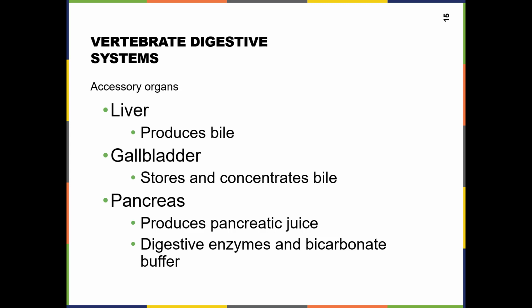Liver produces bile. The gallbladder stores the bile and then releases it when it's needed. And the pancreas builds what's called pancreatic juice, which consists of hydrolytic enzymes and bicarbonate buffer, which neutralizes some of the acid that's made in the stomach.